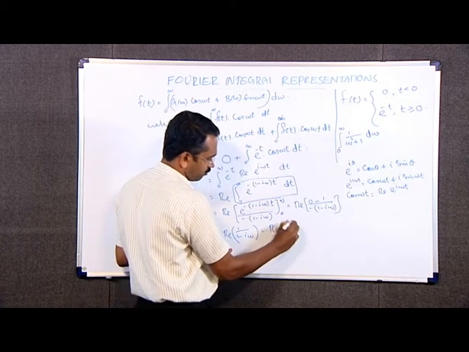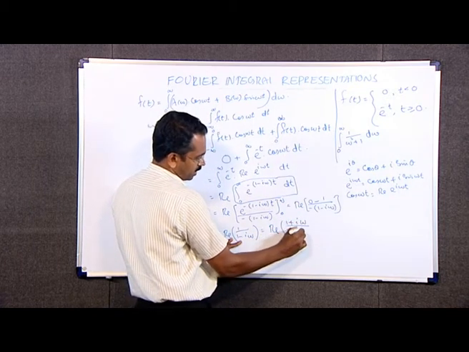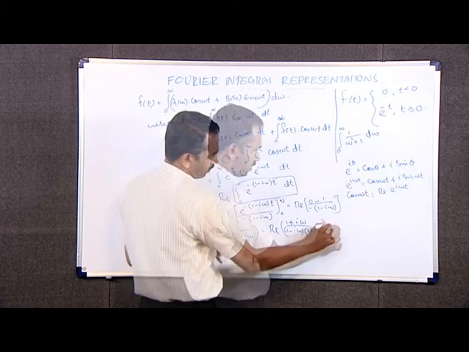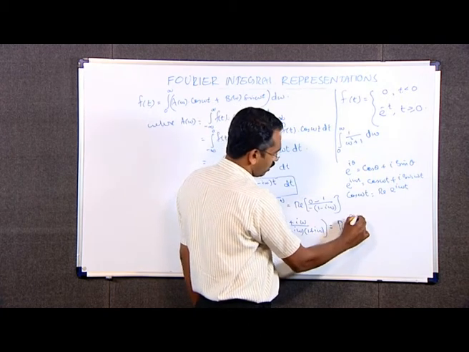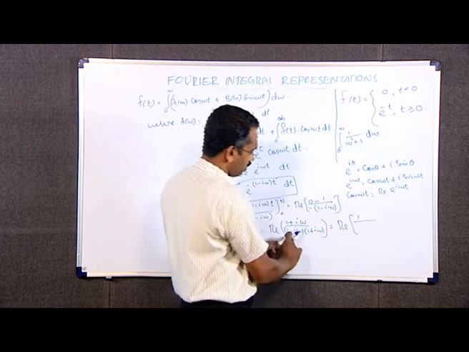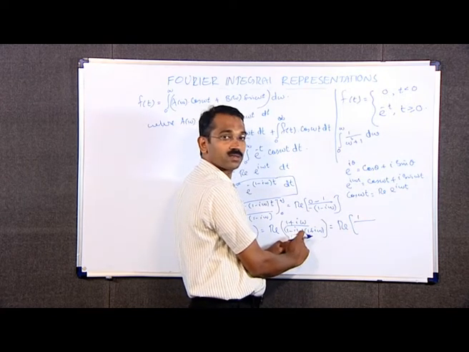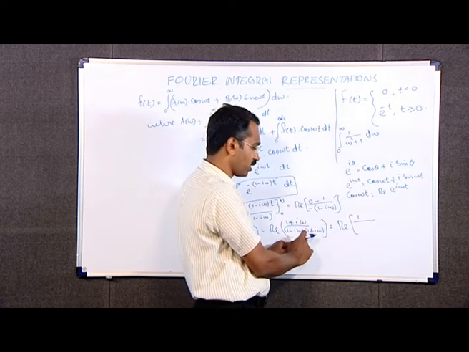That is real part of 1 plus I omega divided by 1 minus I omega into 1 plus I omega, which means 1 square minus I square omega square.